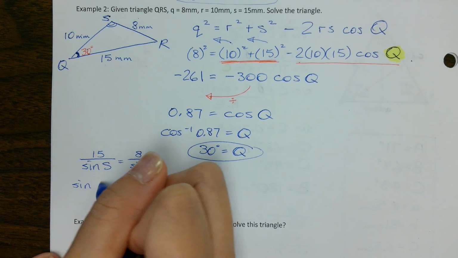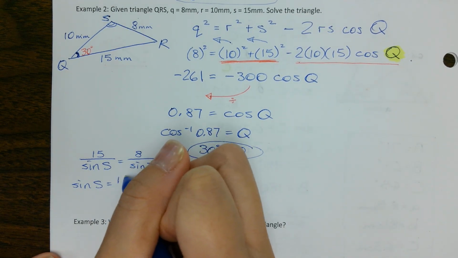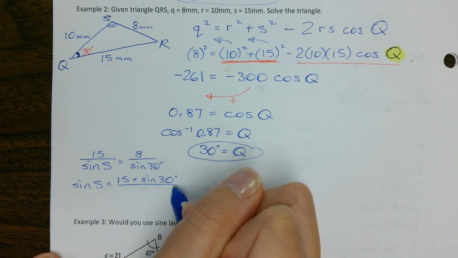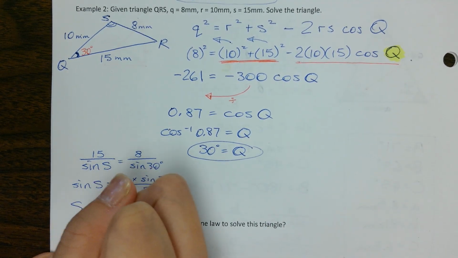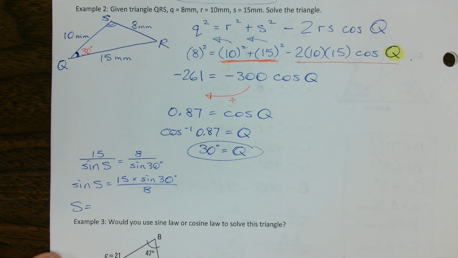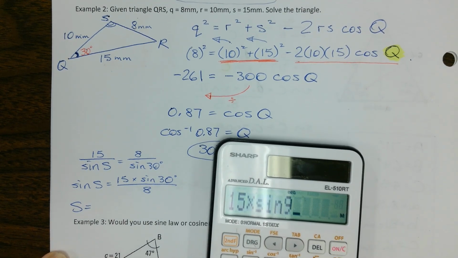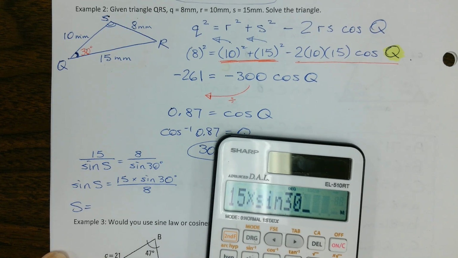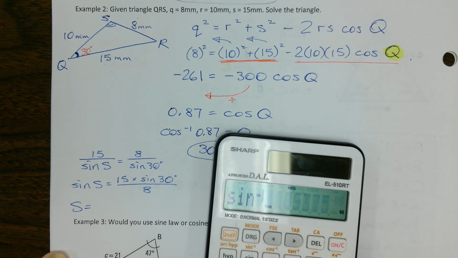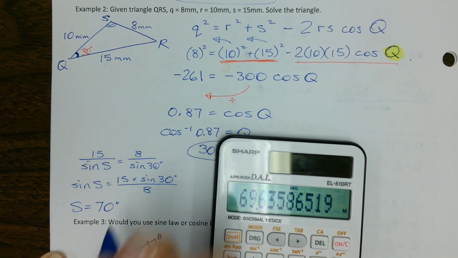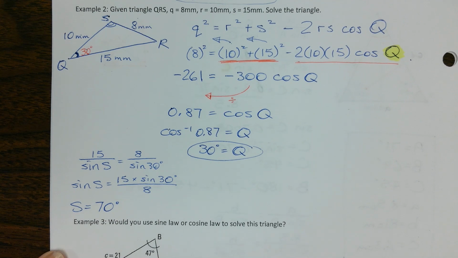So sine s equals 15 times sine 30 divided by 8. So s equals the inverse of that. 15 times sine 30 degrees, divided by 8. And then sine inverse. I get 70 degrees. Okay.